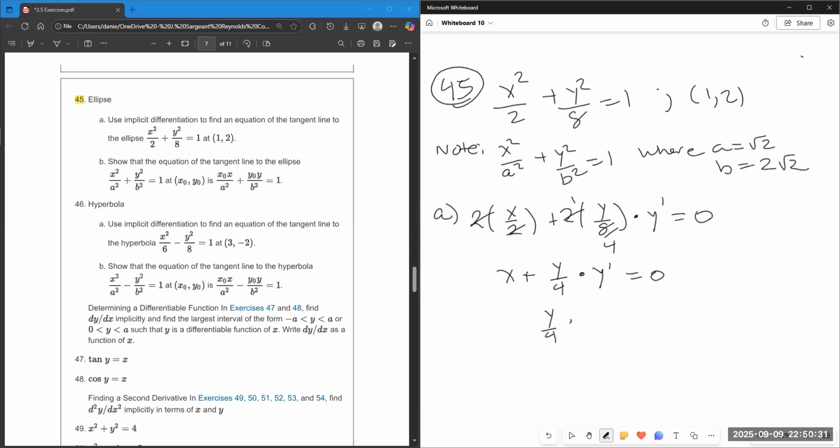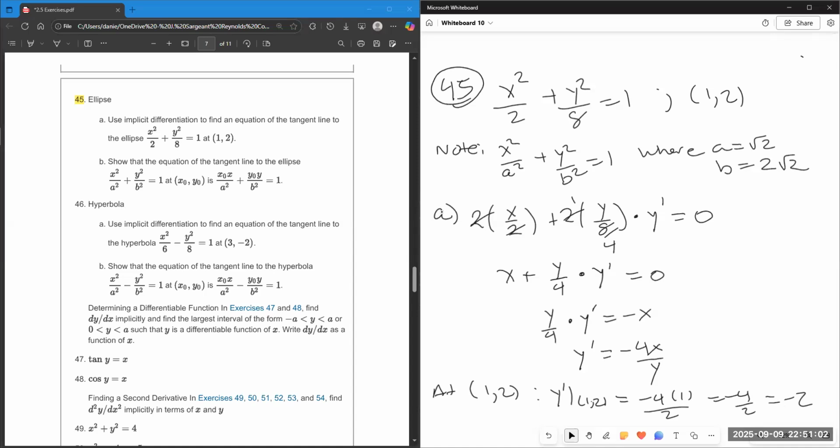Y over 4 times y prime is equal to a negative x, and y prime is negative 4x over y. At the point (1, 2), y prime at (1, 2) is equal to negative 4 times 1 over 2, is negative 4 over 2, is a negative 2.